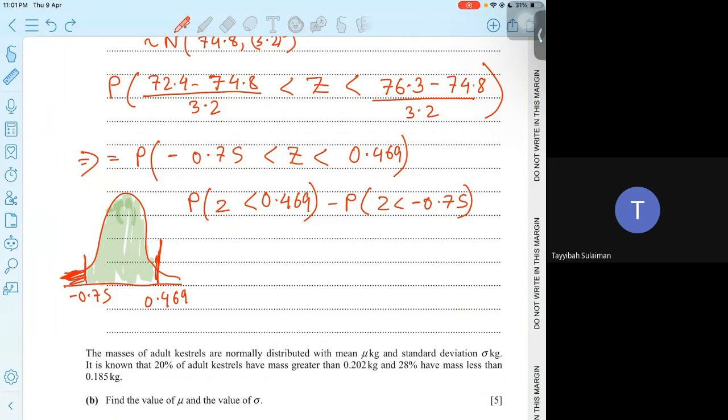If you plug this into the calculator, I believe you get 0.6804. Or even if you just plug this into the table and look for it, you also get the same thing. Let's just check the table real quick. 0.469.